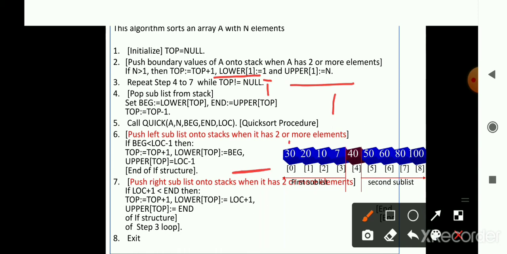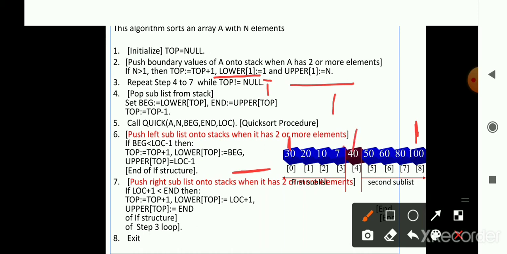In the example, the lower value of the stack is 30 and the upper value is 100. What was our original list? In it the leftmost side is the first element and the rightmost side is the last element. Here what I have given is the whole sorted list that we found out.